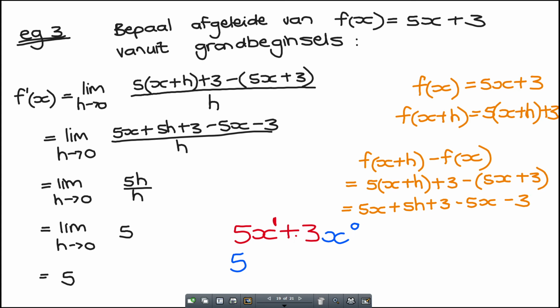Now if I take that 0 and I multiply it with a 3, it's going to give me 0 x to the power of minus 1. But 0 times that still gives me 0. So you never have to write it. When you see a constant, you just throw it away, it's 0. Okay? Good.